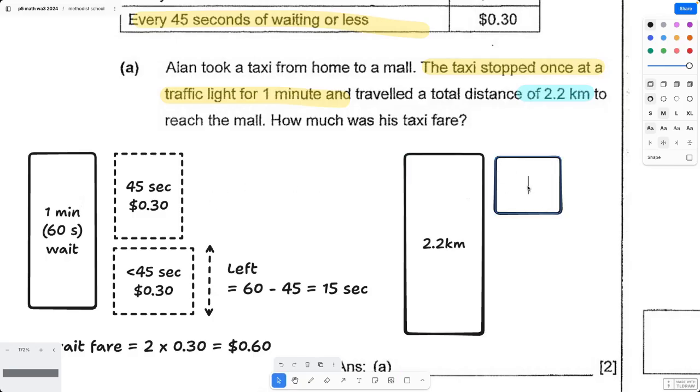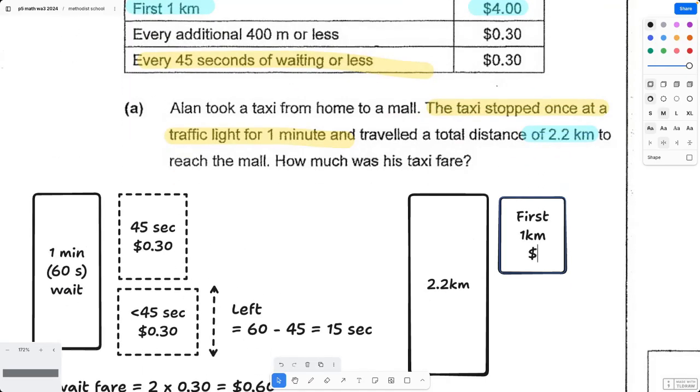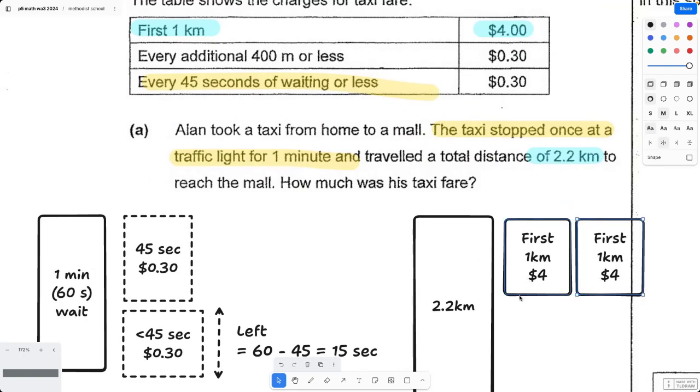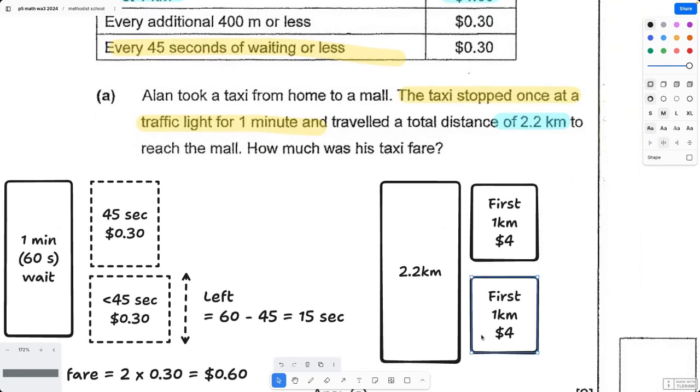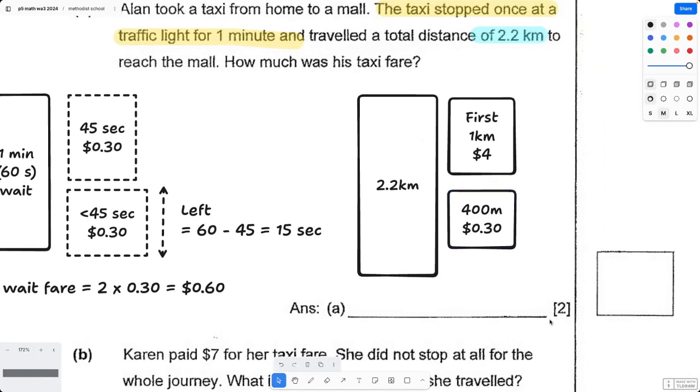So this is the first 1 km, and this costs us how much? $4. All right. Then how many blocks of 400 meters? So 400 meters is equal to $0.30. I'm going to make this a little bit smaller.